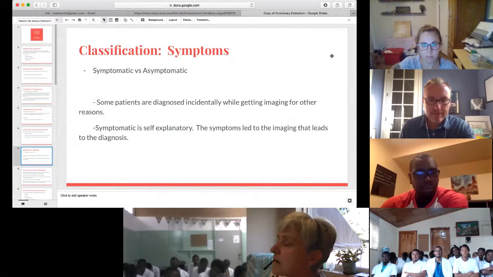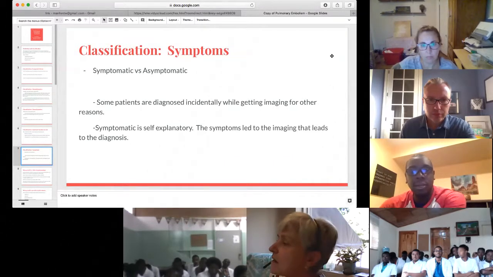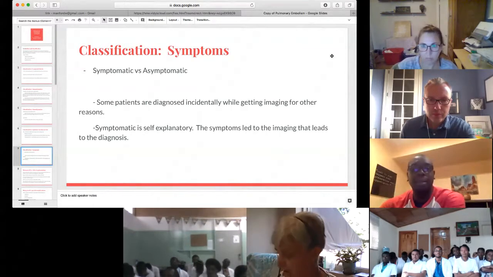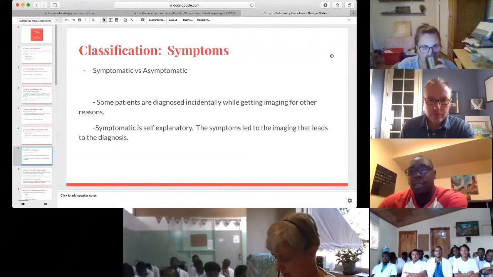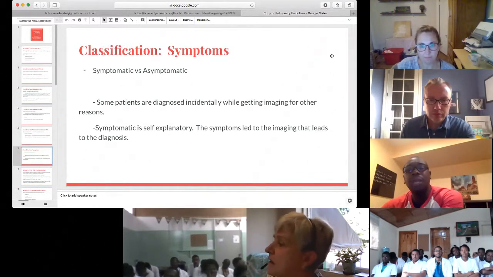Au niveau des symptômes, il y a des patients qui se présentent avec des symptômes classiques de l'embolie pulmonaire, tout comme il y a des patients qui sont complètement asymptomatiques, qui sont diagnostiqués avec l'embolie pulmonaire en performant des examens pour probablement aucune raison.